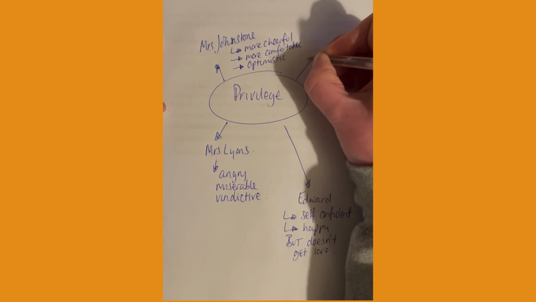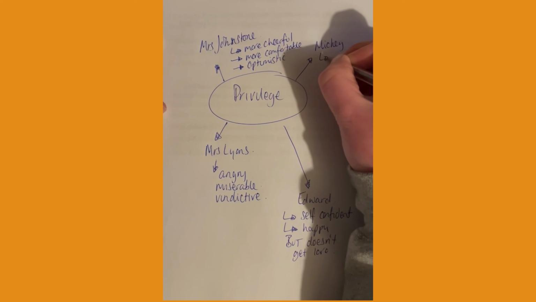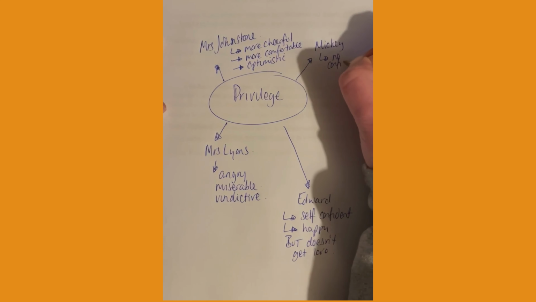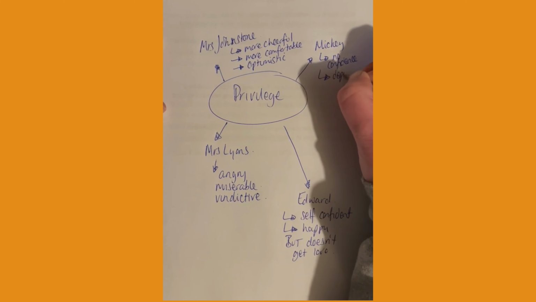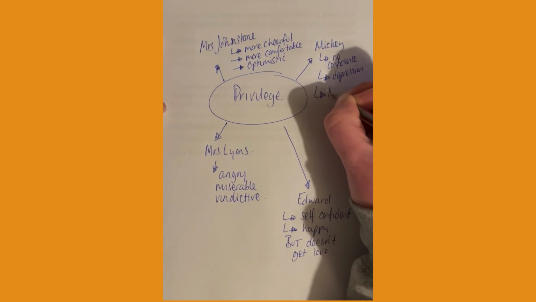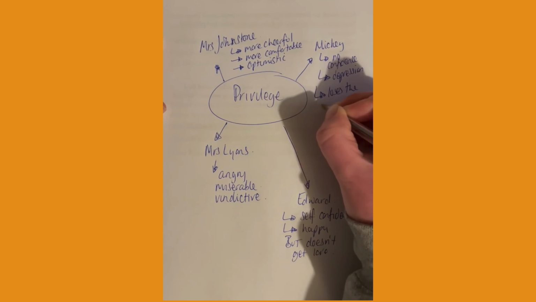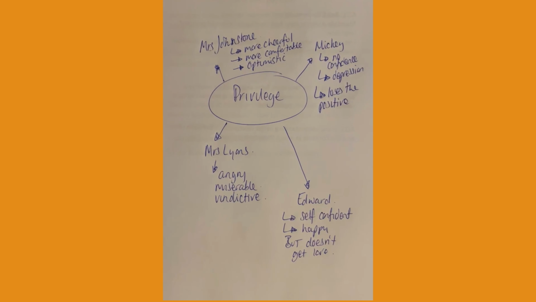If we look at Mickey, he has no confidence, is marred in depression, and therefore loses the positive in his life because he is not in a position to take advantage of it. So him and Linda love each other, they are together, but because of his insecurities as a result of his upbringing, because of his depression as a result of his upbringing, he is not able to grab hold of that positive.